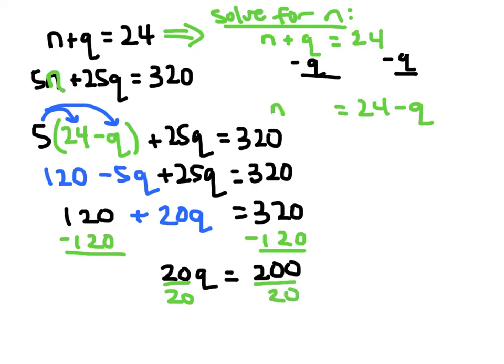And that will leave us with q equals 10. Now, we've found the number of quarters. So I'd like to write that down. So that will leave me with 10 quarters.